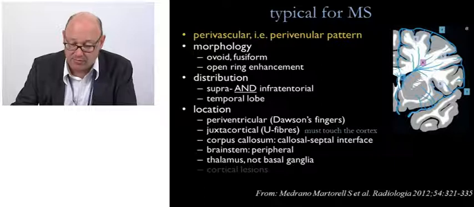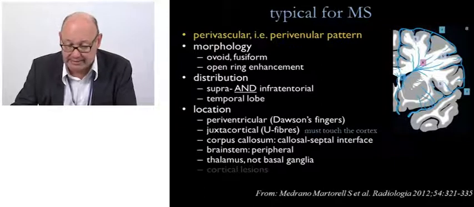Just the same information on this image, where you see that a lot of these lesions will have a typical perivascular or perivenular pattern. This is really very typical for MS lesions, and you will not see that in patients with vascular lesions. This is a nice image that I took from this paper from the group of Kilsdonk and collaborators.